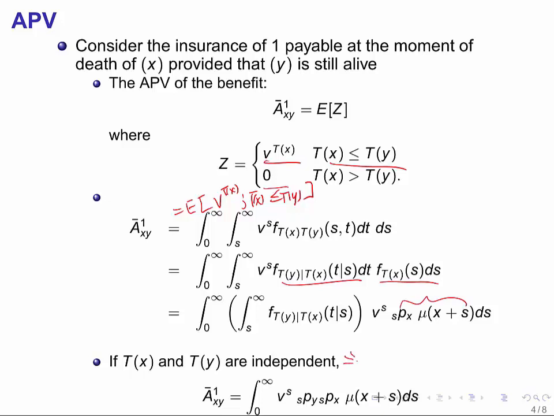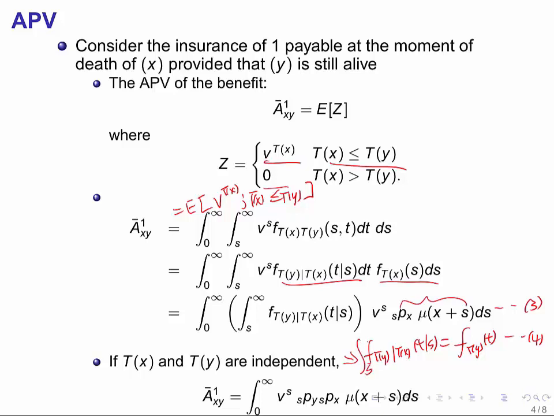So when they are independent, the conditional density is the same as the density. So it's just the density function of T_Y at time little t. Let's call this equation 4. Plug 4 into 3, we can arrive at this relationship.